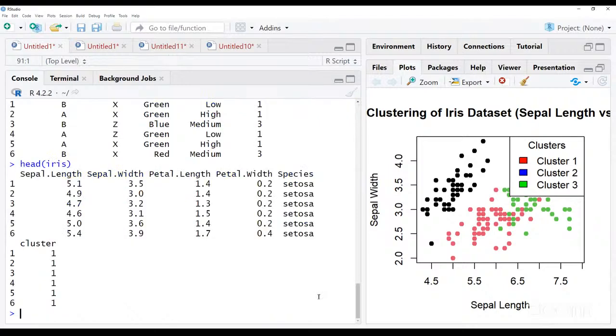Enter. Okay, so this is the original data. So here you can find the data is numerical data. Sepal length, sepal width, petal length, petal width, species also.